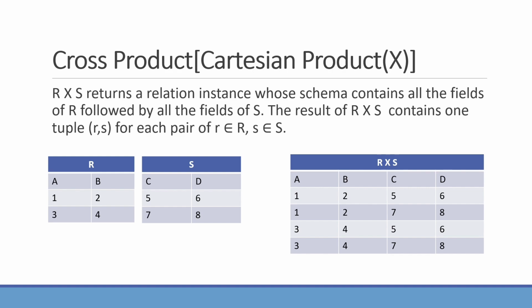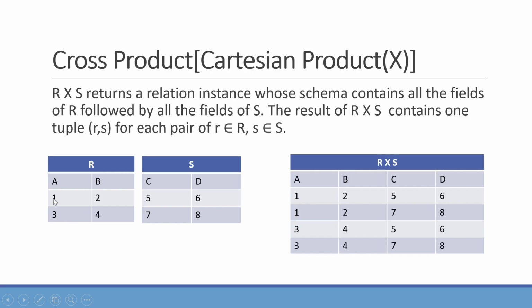If you have two columns in table R and two columns in table S, they are just joined and will give you the result in R cross S. So the Cartesian product is done, as you know how it is done.